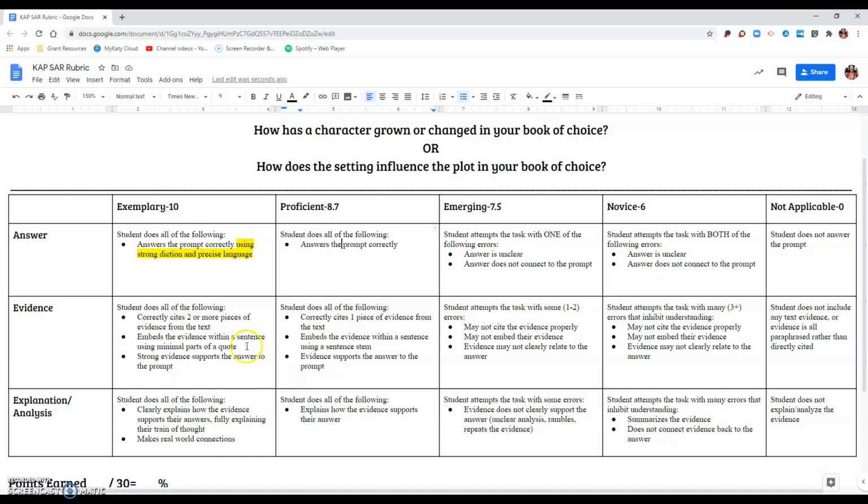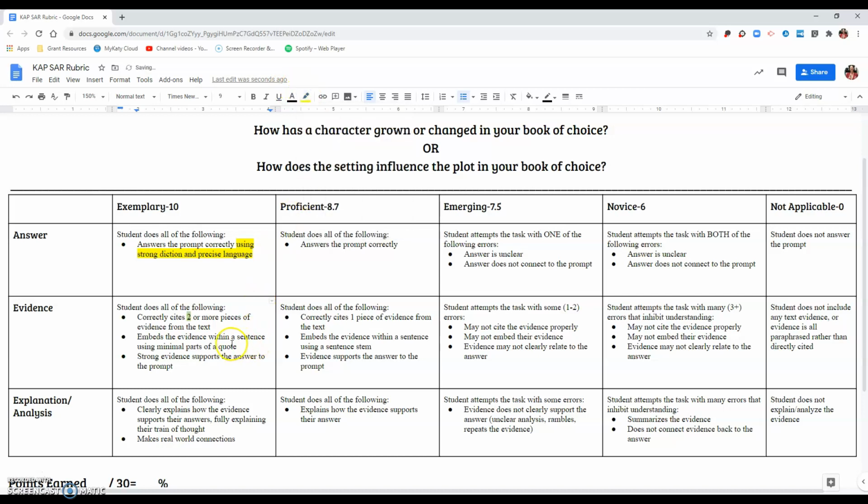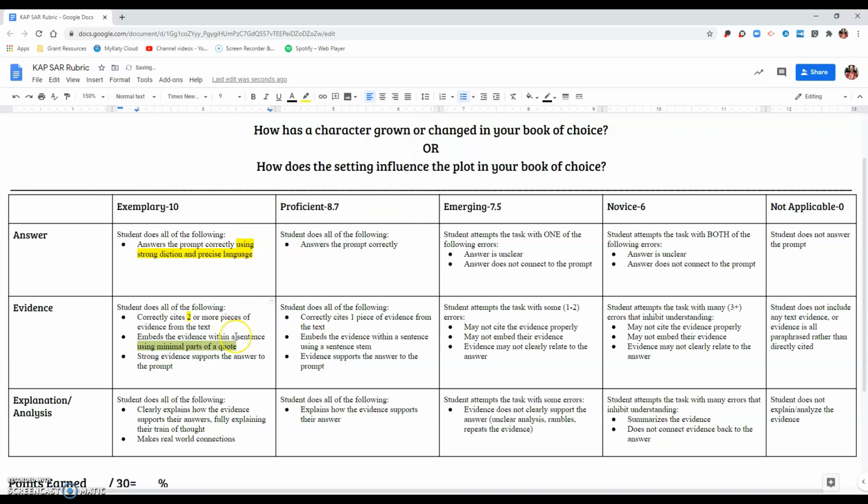Now let's look at evidence. The difference between exemplary and proficient here in evidence is that you have cited more than one piece of evidence. So you've cited 2 or more pieces of evidence. You have embedded the evidence within the sentence using minimal parts of a quote. So maybe you chose not to use an entire sentence. Maybe you pulled some words from the sentence to use for your evidence and you embedded that into your own sentence.